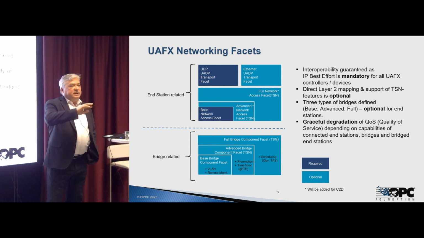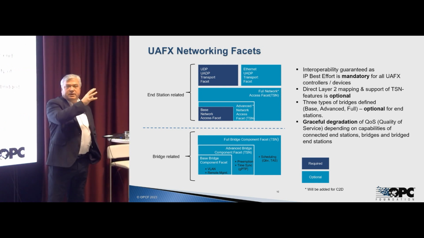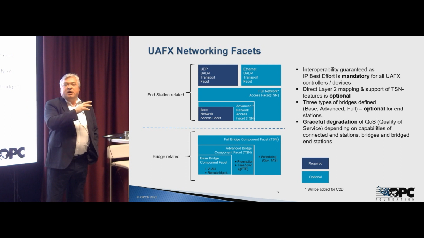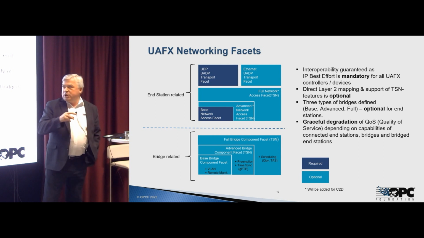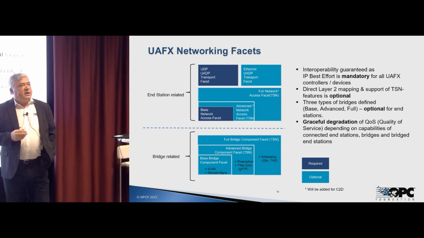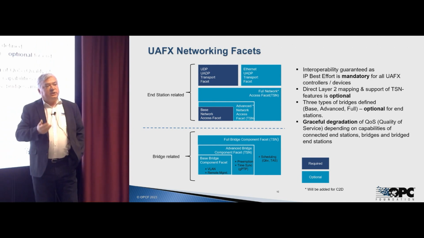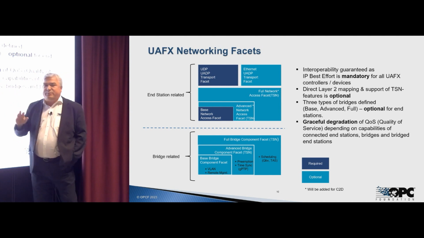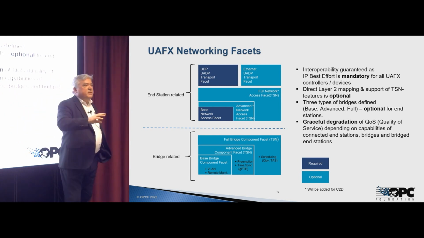Then it's required that on the path between the end stations, all the bridges support these features. If you have a bridge only supporting the base features, you lose a certain quality of service, and then you do the graceful degradation. That means you still have interoperability, but your performance is less.